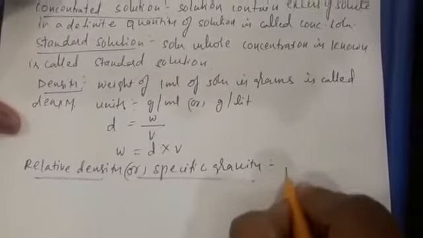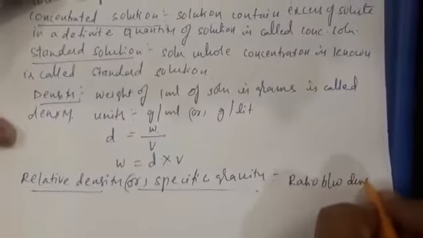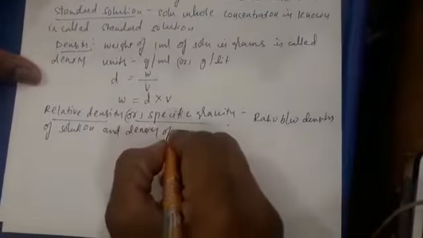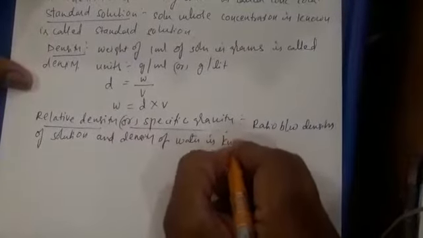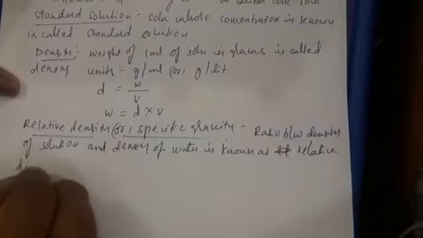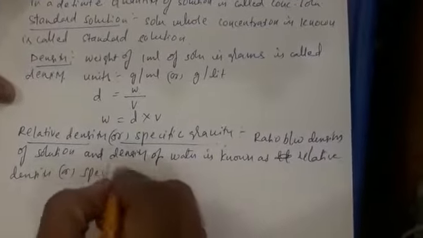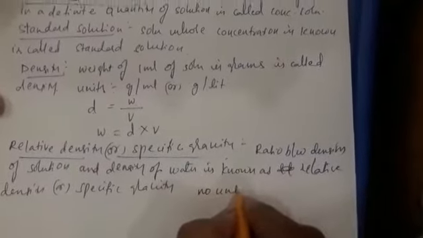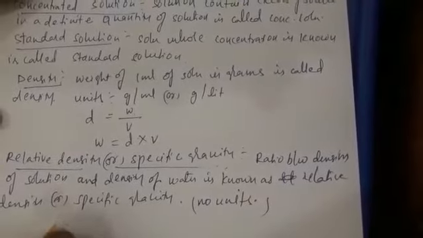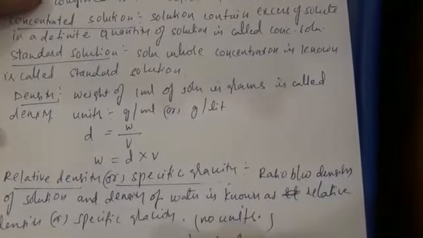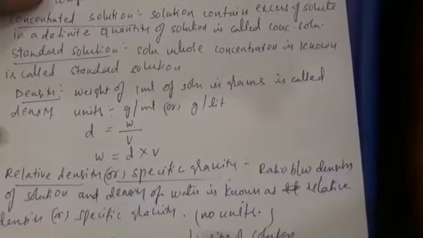Since this is a ratio, it has no units. So, specific gravity is equal to density of solution by density of water.